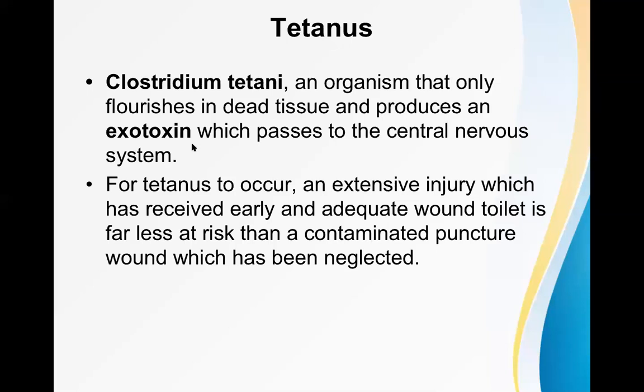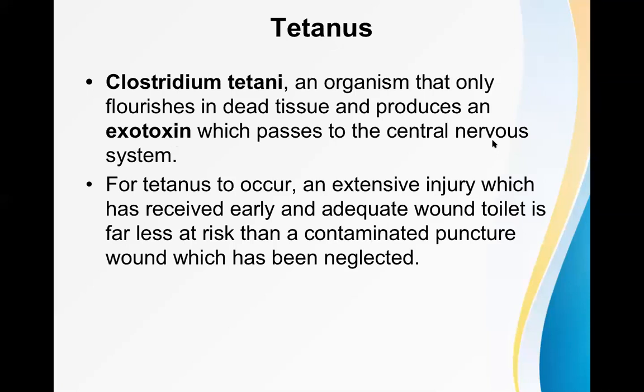So this is the toxin which causes spasm of the muscle. This toxin will pass to the central nervous system through the nerves, through the motor nerve. There is retrograde transport of this toxin. We'll talk about that during pathogenesis.